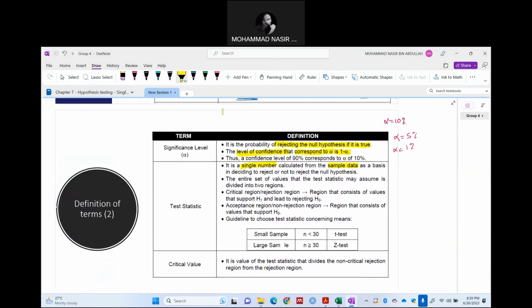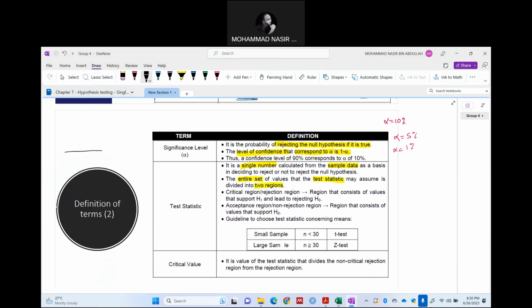So the entire set of values that the test statistic may assume is divided into two regions, right? Either to the left or to the right, right? So in test statistic, we also need to calculate the critical region. So what is the critical region?